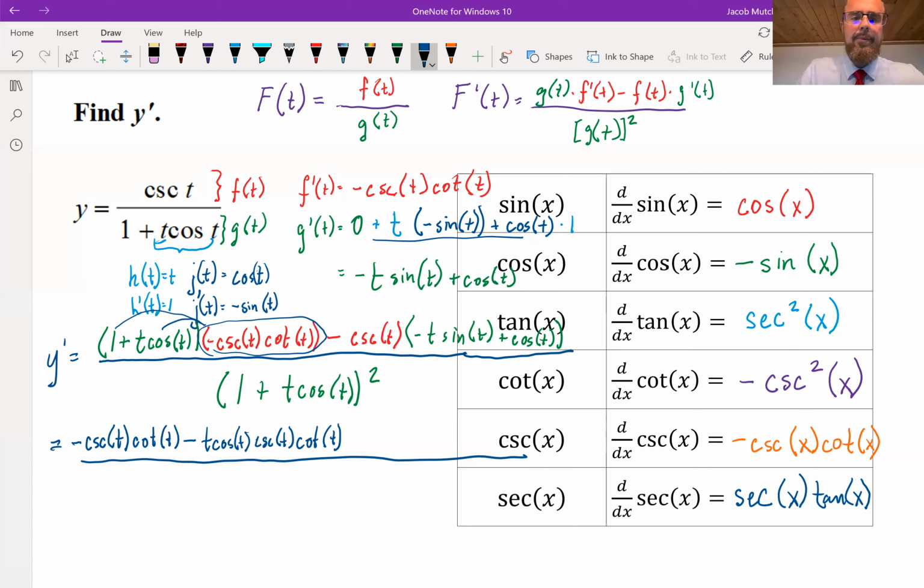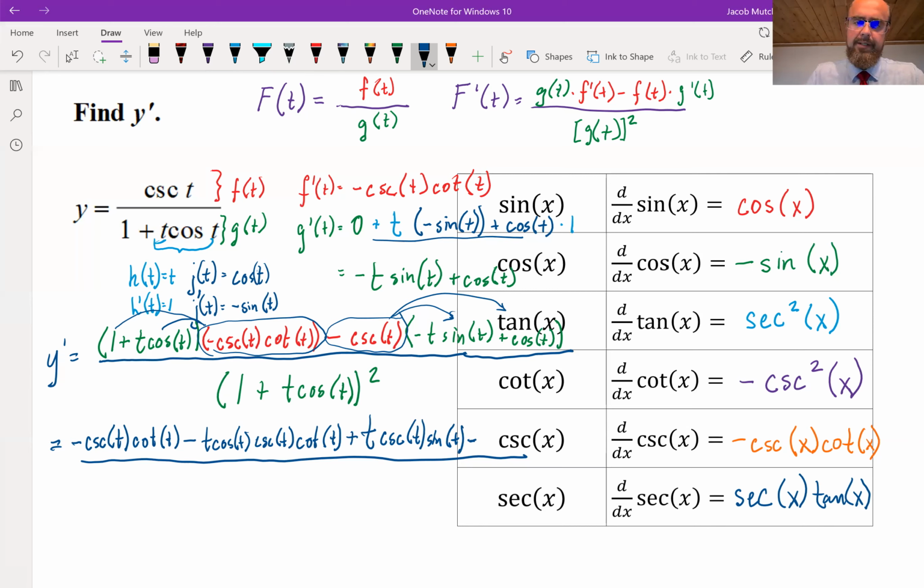Now for the second part, I want to distribute negative cosecant t to each of these two terms in the derivative of small g. So negative times negative will be positive t cosecant t times sine of t, and then minus, because there's a negative from the cosecant t, positive from cosine t, and then I'm just going to put those in a row.